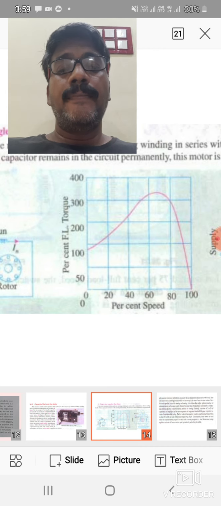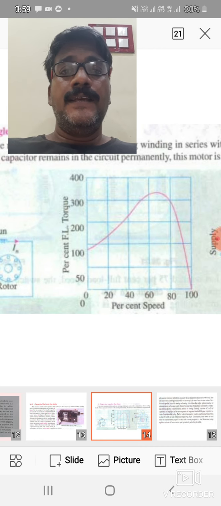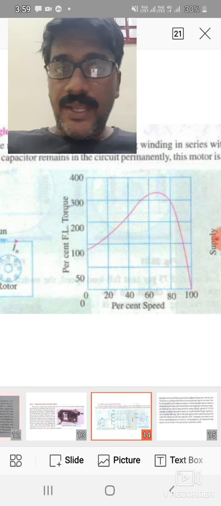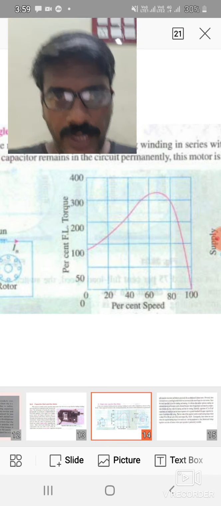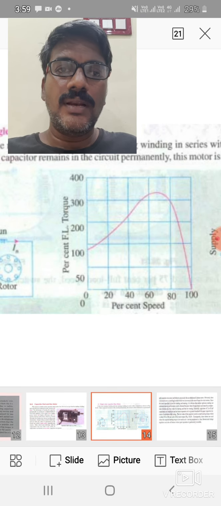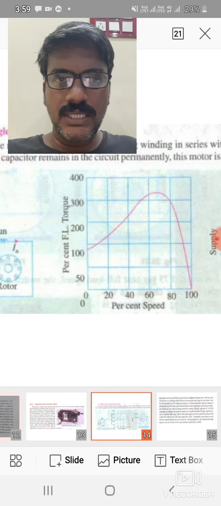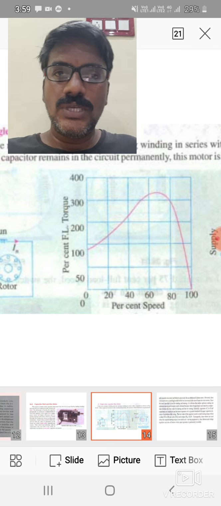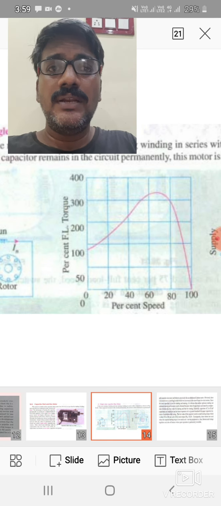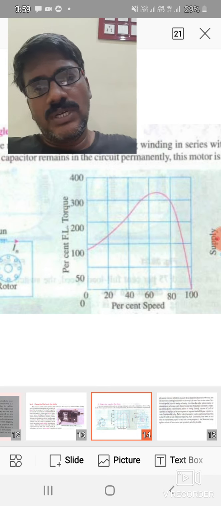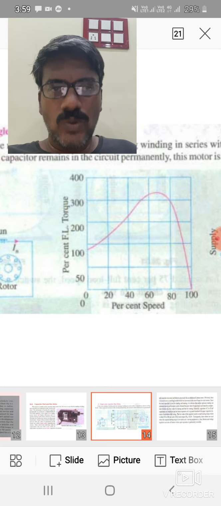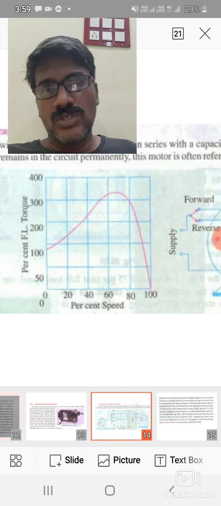But in this case, the efficiency is very high, the power factor is also very high, but the only drawback is that we use a low value of capacitance. Because the capacitor is connected in the circuit all the time with the full running current, we must use a low value of capacitance. For a low value, we get a high time period. So that's why its starting torque is very less. It is only 1 to 1.5 times when compared to the resistive type.